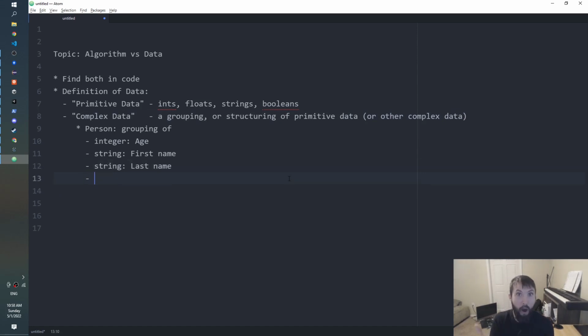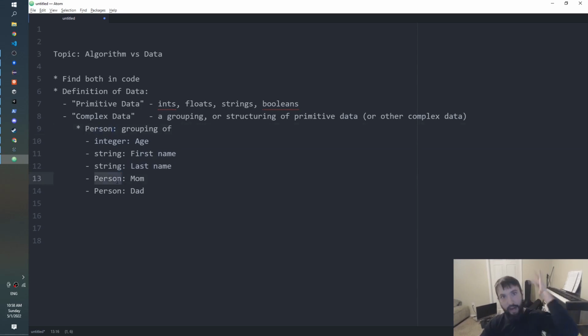like my mom is another person. So, you know, I can have a person as my mom. And so basically a person, in this case, well, let me just add both mom and dad. A person in this case, if we're modeling it to this level of detail, might have an age, first name, a last name, and might have another person that's associated with that person.